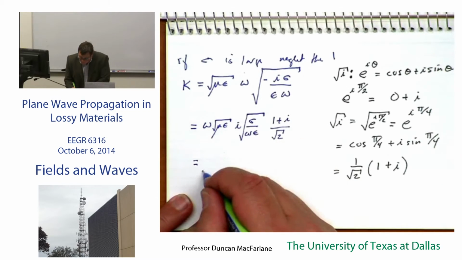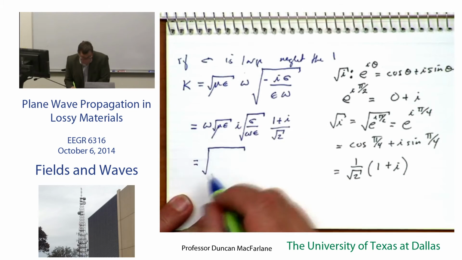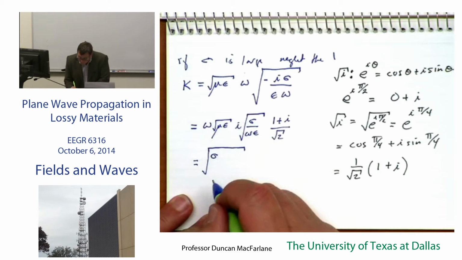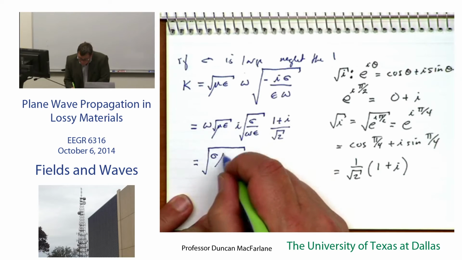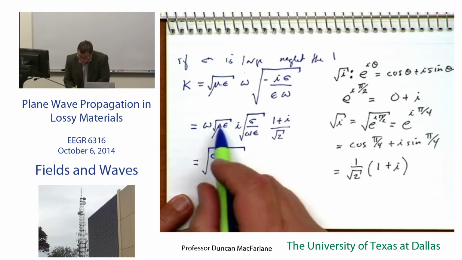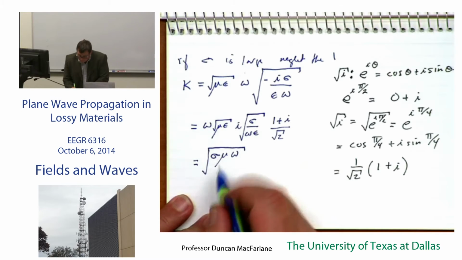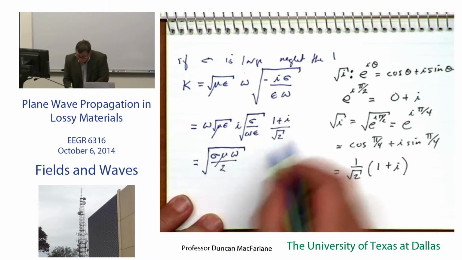Lump all this stuff together, and I have a sigma in the numerator, a mu in the numerator, an omega in the numerator. My epsilon cancels, and I've got a square root of 2 sitting there.